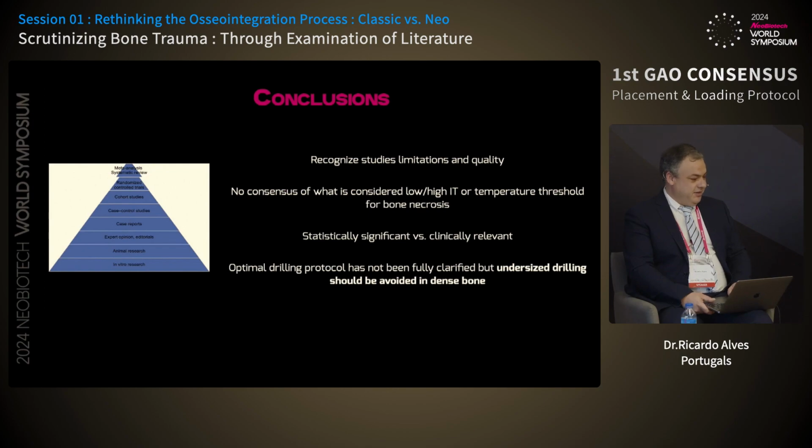We are here on the base of the evidence pyramid. We don't have a consensus for the threshold for the temperature for bone necrosis, and we don't have a consensus of what is a low torque or high insertion torque.